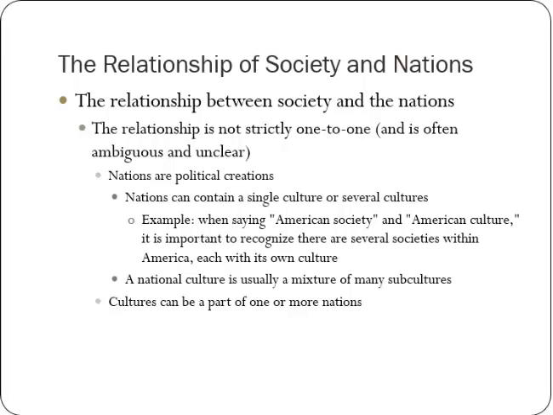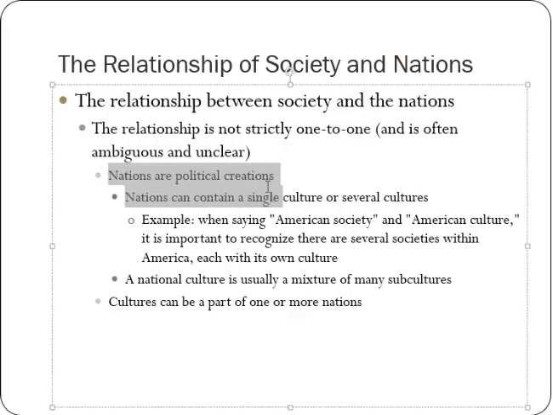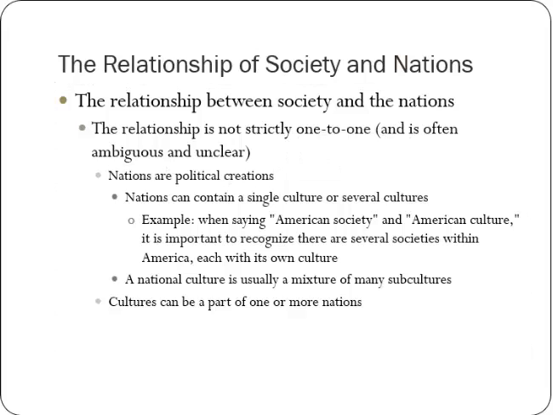On the other hand, there could be societies that include multiple countries. There are small countries in Southeast Europe that you can pretty much put together when you look at the values they hold. There may be very small countries that are grouped together. So it's not a strictly one-to-one thing, because a nation is a political creation and function of the government, whereas a society is a group of people that live and think in a similar vein.